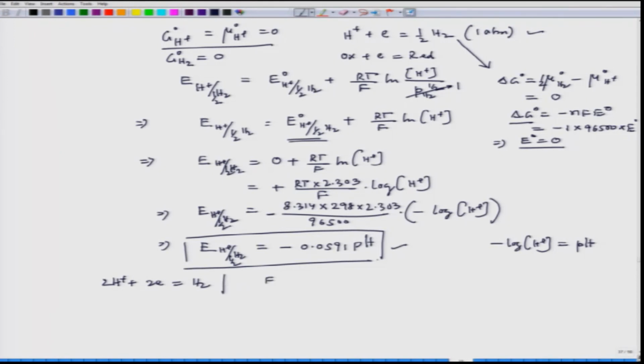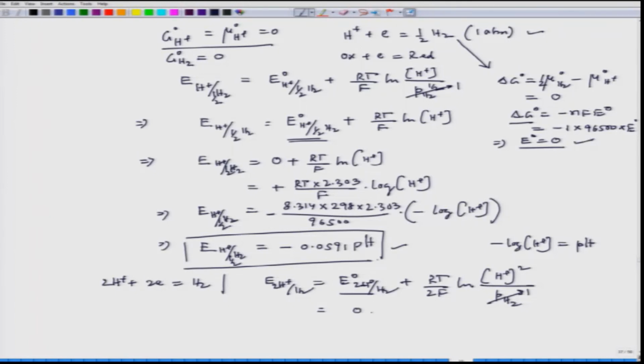E for 2H+/H2 equal to E0 plus RT/2F ln H+ squared over PH2. PH2 is 1, and E0 becomes 0, because the half term goes off.